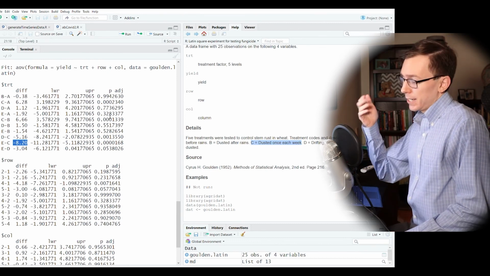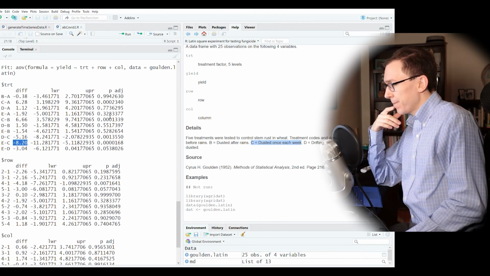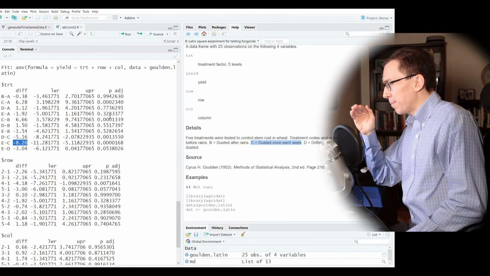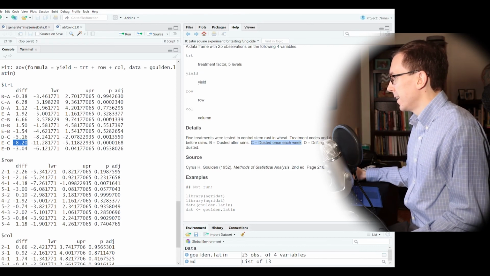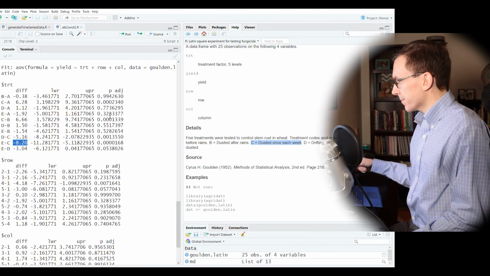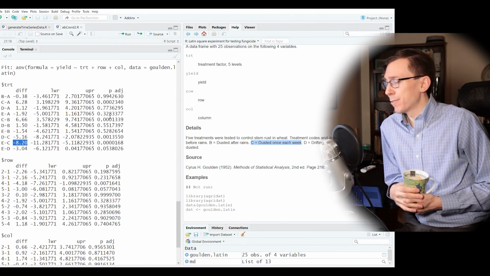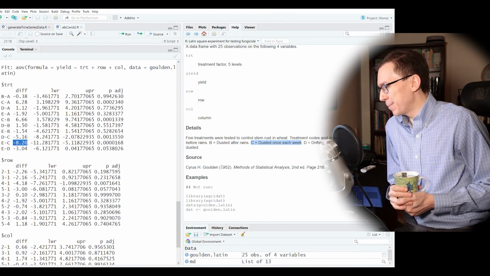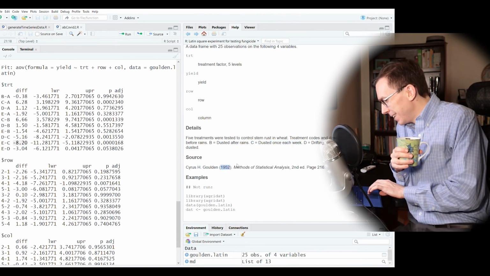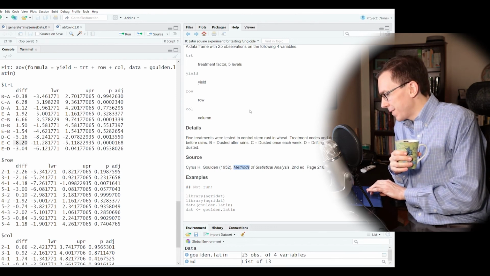And it is interesting, again, to note that here there actually was a significant row effect, or a mildly significant row effect, and a not very significant column effect. And if you actually go back to the textbook, which I have quoted in my notes, the 1957 textbook by Golden, Methods of Statistical Analysis, or here it's 52, but there I had 57 for some reason.